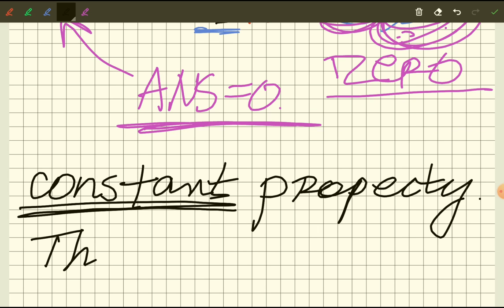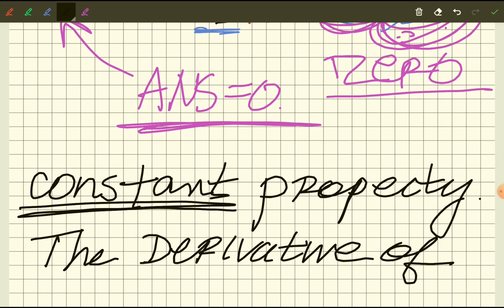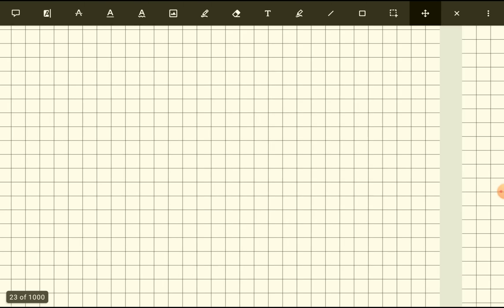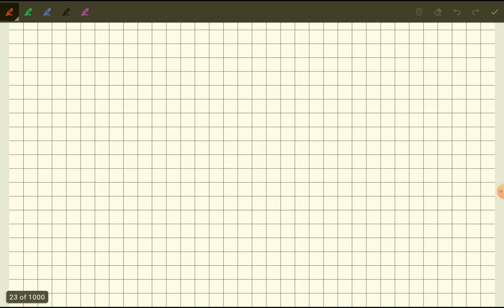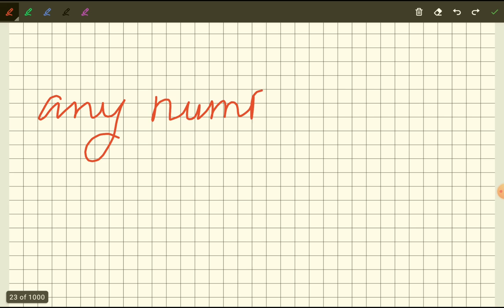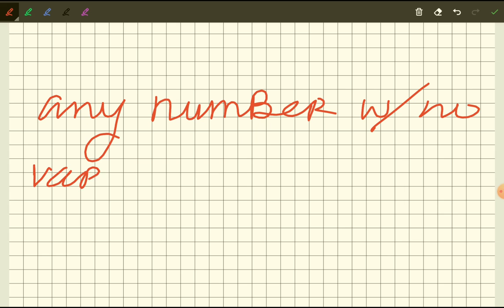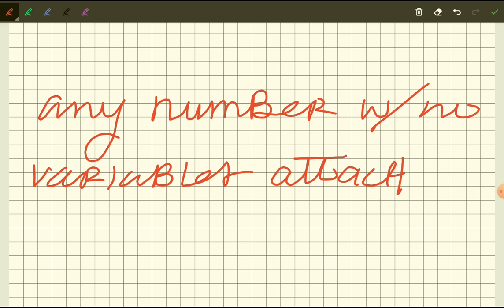Okay, I'm going to write it down. The derivative of any number with no variables attached to it.